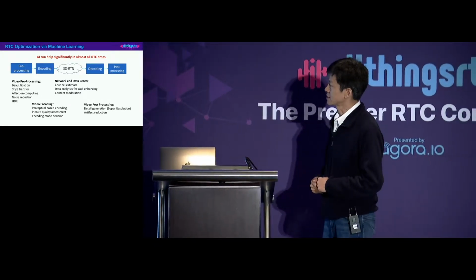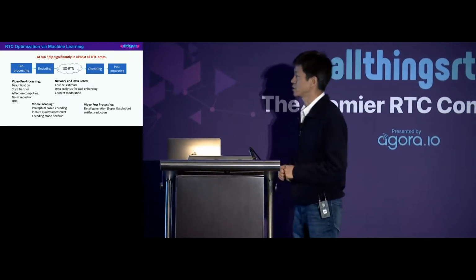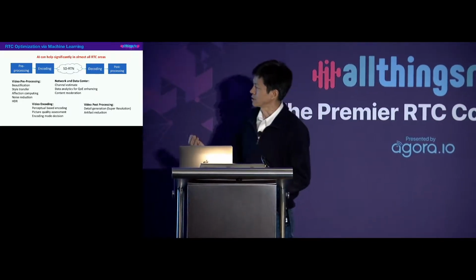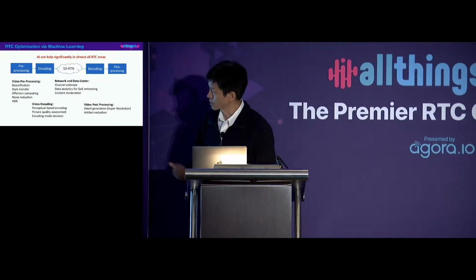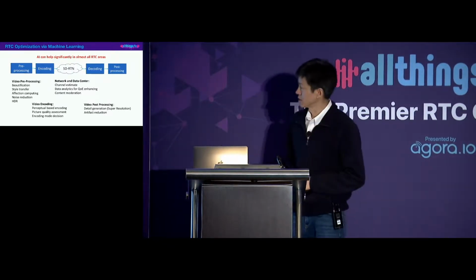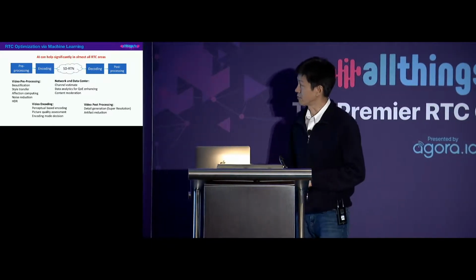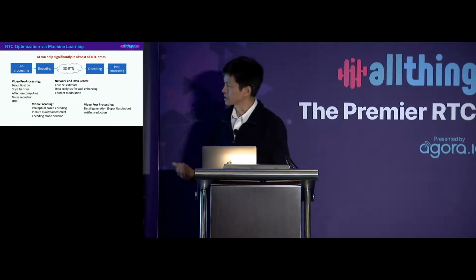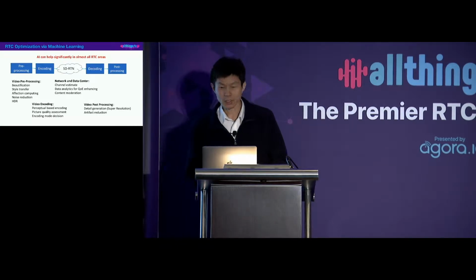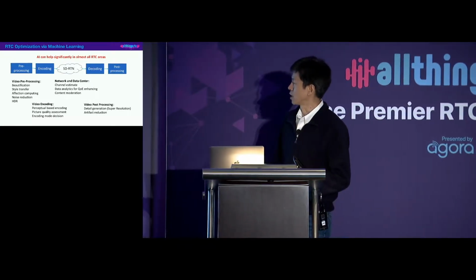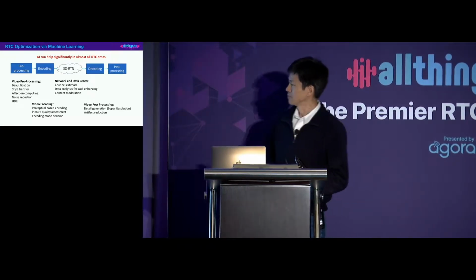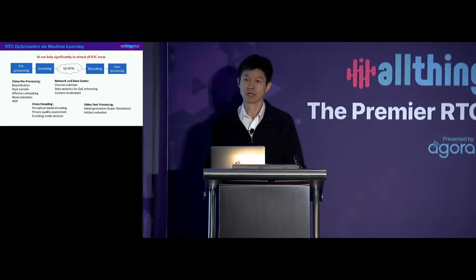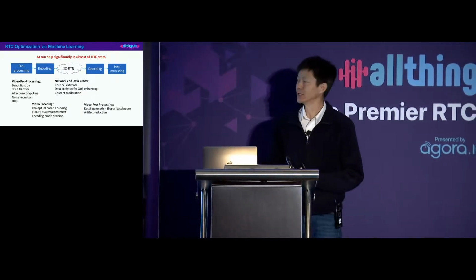Tasks in pre-processing, such as beautification, style transfer, and even noise reduction and high dynamic range, can benefit from machine learning. And during video encoding, tasks like perceptual video encoding, quality assessment, and some encoding mode decisions are also benefiting from machine learning.